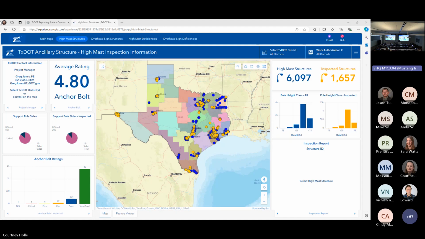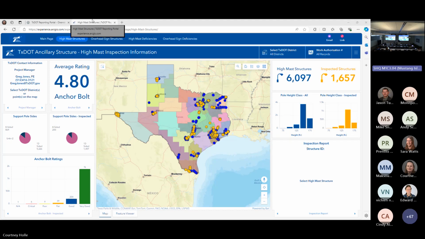So currently, this is our portal. It currently lives on the Michael Baker site, but that's because it's still being developed. Eventually, probably next year sometime, it's going to come over to the TxDOT system, and then we'll have easier access to it.